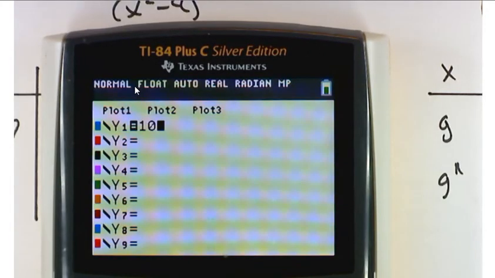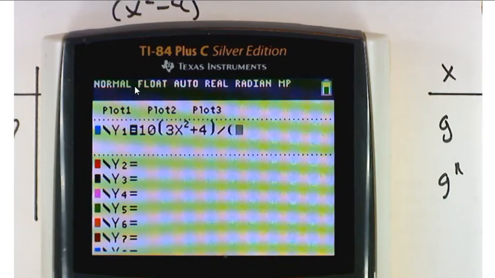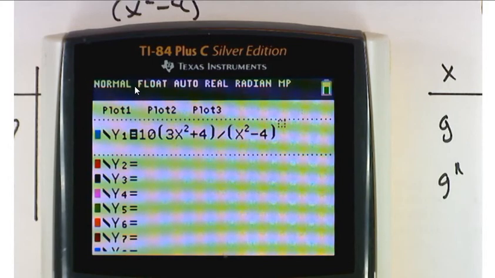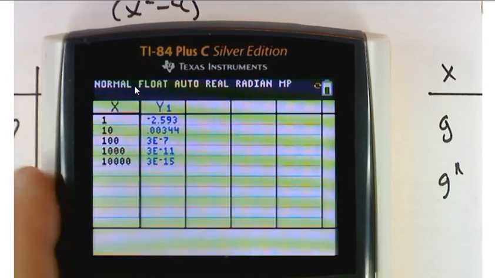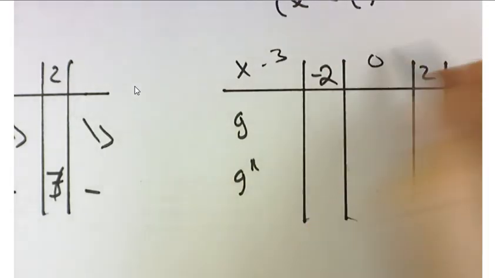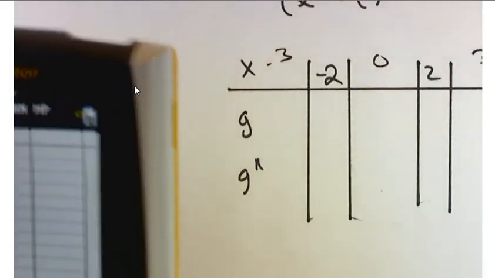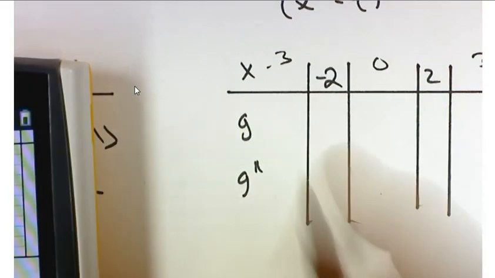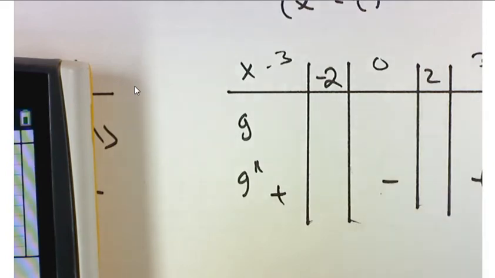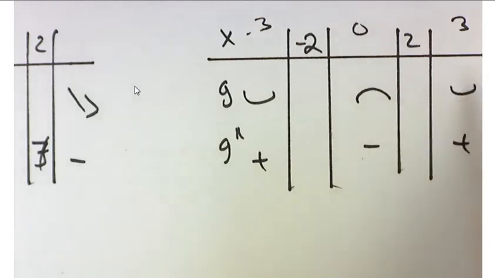So 10, 3x squared plus 4 divided by x squared minus 4 cubed. Some good test points would be, say, negative 3, 0. Well, I don't want to use 0. Yeah, I can use 0. And 3. So negative 3, 0, and 3. Plus, minus, and plus. So concave up, concave down, concave up.